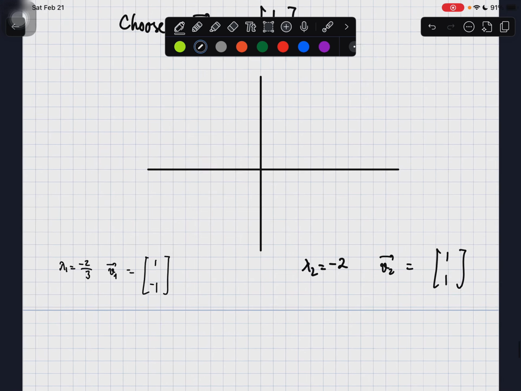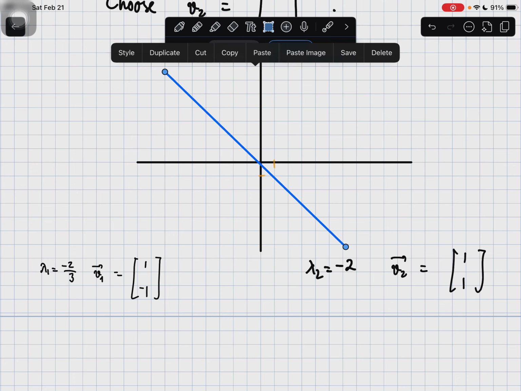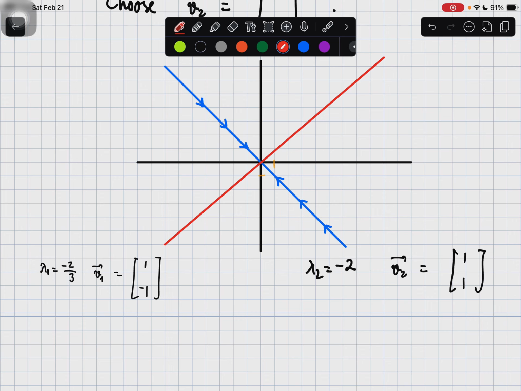So the first axis is the blue one here. It goes inward, it will be a sink in this case. The second one is 1, 1. It also goes inward.